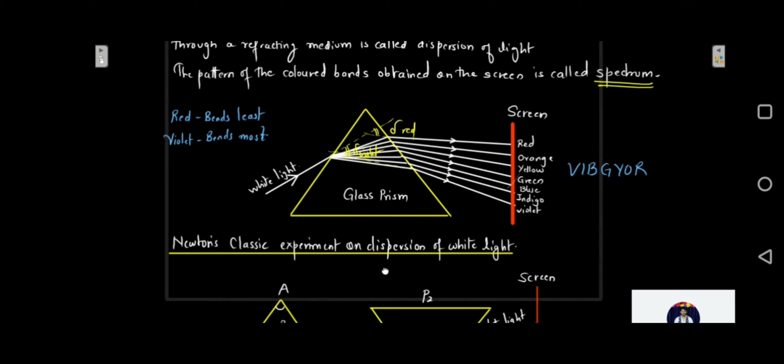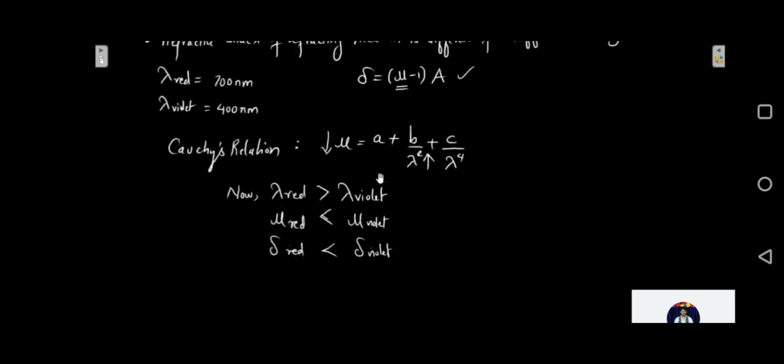So it is all about Cauchy's relation: mu and lambda have an inverse relation, so when one increases, the other decreases, and mu and delta have a direct relation, so when one increases, the other also increases, and if one decreases, the other also decreases. Thus we can say that red is deviated the least and violet is deviated the most.